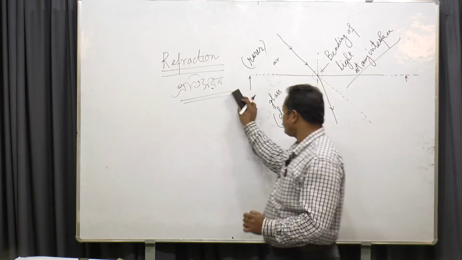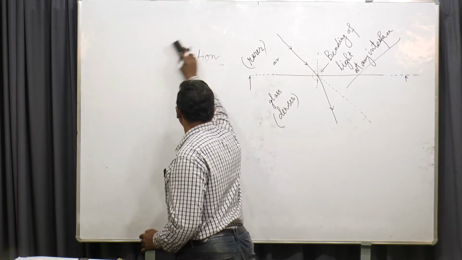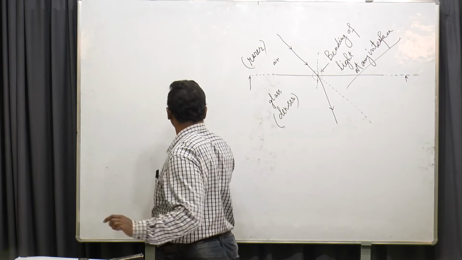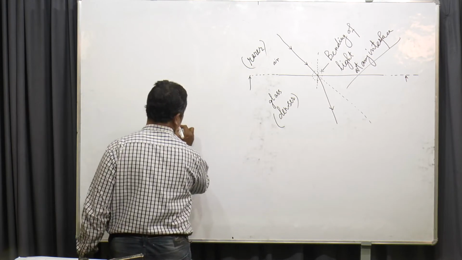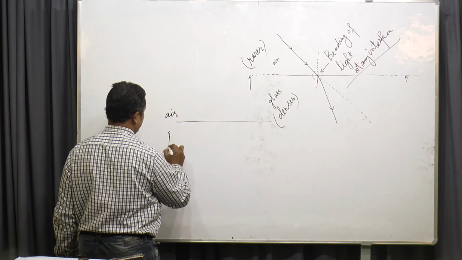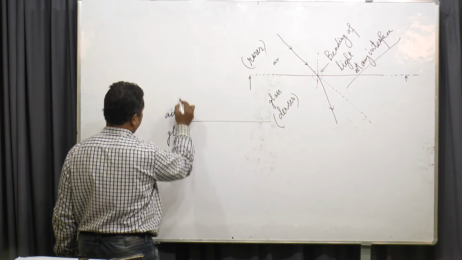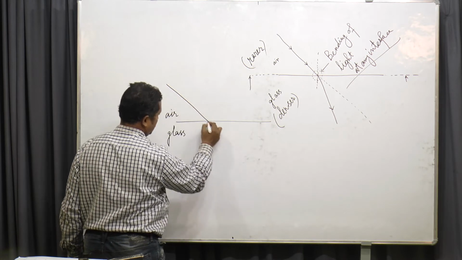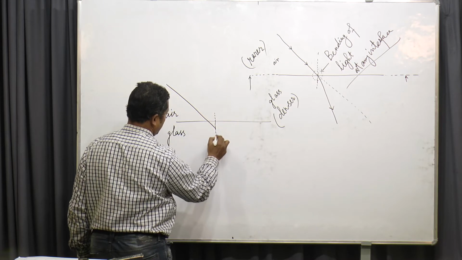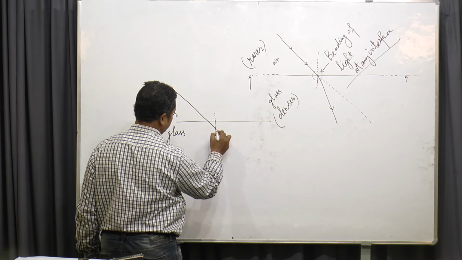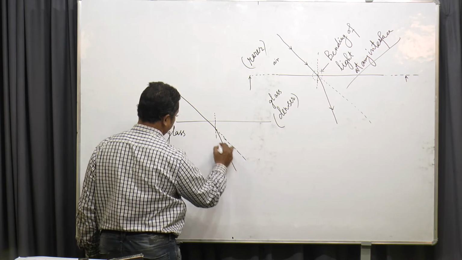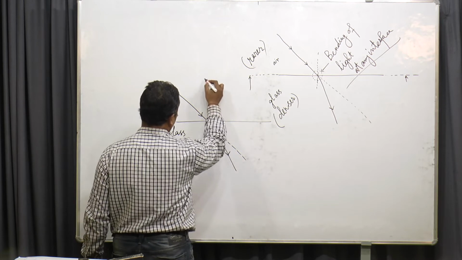So I am drawing three diagrams. Okay. Say this is air, glass. So one ray is coming here, then another ray.